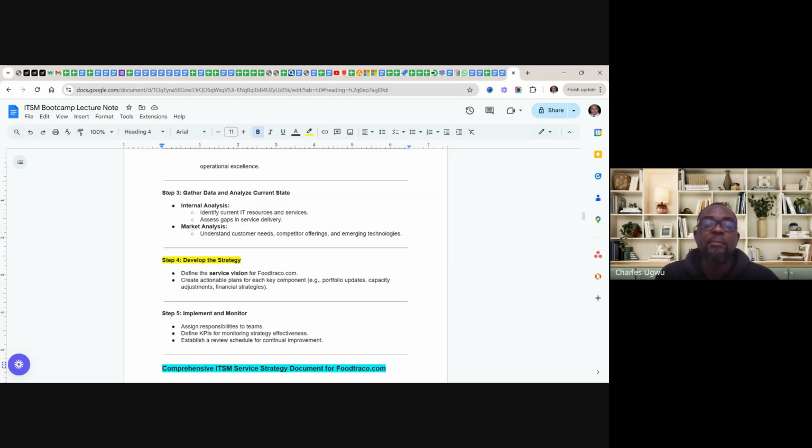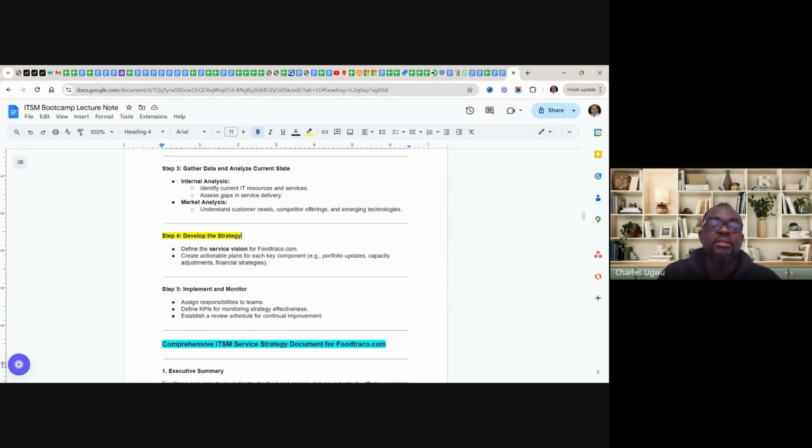Create an actionable plan for each component, like portfolio updates, capacity adjustment, financial strategy. You must create an actionable plan and implement and monitor. Assign responsibility to the team, define key KPIs for monitoring the strategy effectively, and establish a review schedule for continuous improvement.